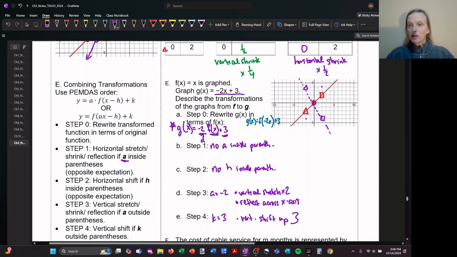And so my triangle moves up 1, 2, 3. It's up here in the sky. This circle goes up 1, 2, 3. And the square goes up 1, 2, 3. And so my final graph looks like this.